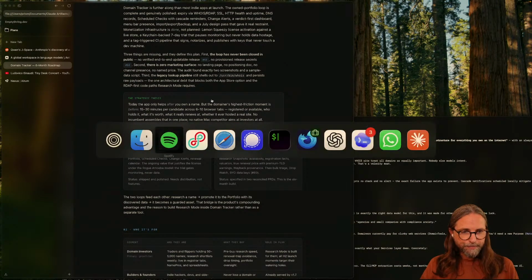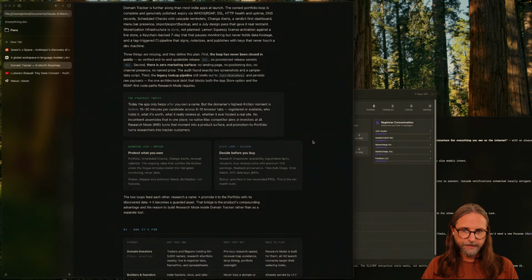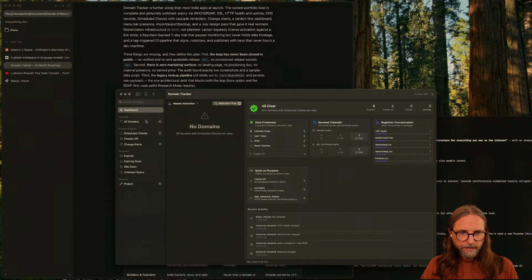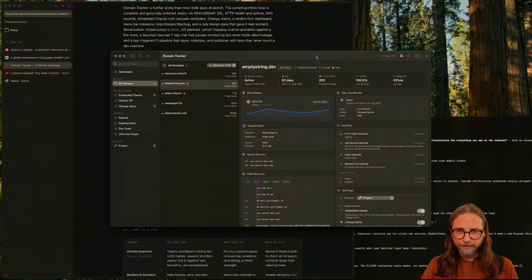So the first thing I built back in December, when I realized that Opus 4.5 was really good, was this thing for tracking domain status and stuff. I thought maybe people would pay a few quid for it, I don't know.